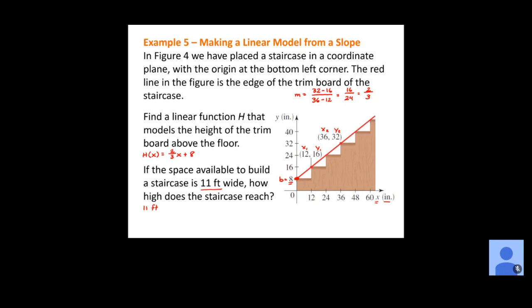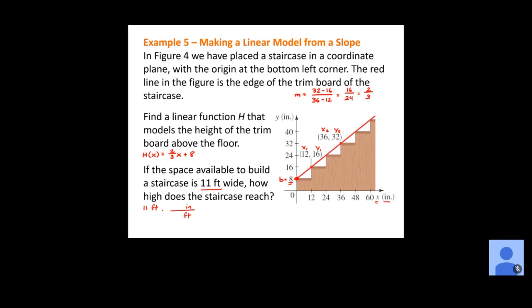Now, when I do conversions, I always multiply by whatever the conversion factor is, trying to cancel out the units that I want to get rid of and end up with the units that I want in my answer. Okay, so I know I want to end up with inches, so I'm going to put those in the numerator. And I know I need to cancel out feet, so I'm going to put those in the denominator.